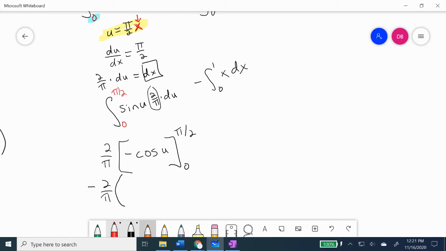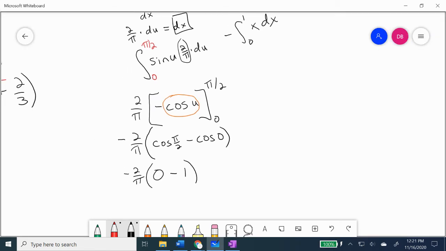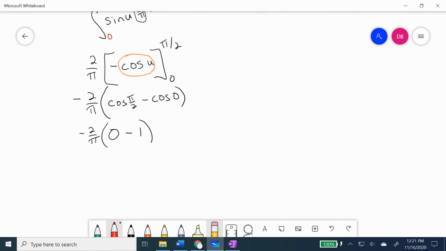And then I'm just dealing with the cosine function, plugging in the pi over 2, minus plugging in the 0. Cosine of pi over 2 is 0. Cosine of 0 is 1. Negative 2 over pi times negative 1 gives me a positive, whoa, I think I touched something and made it move, gives me a positive 2 over pi.